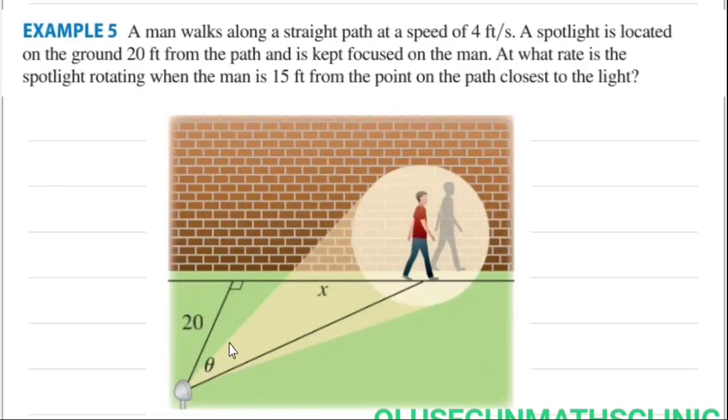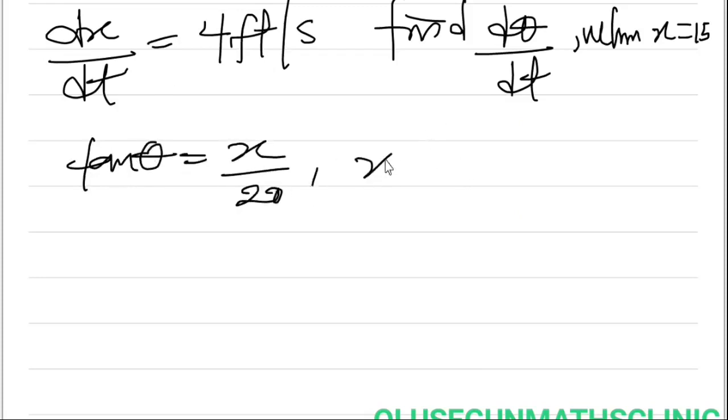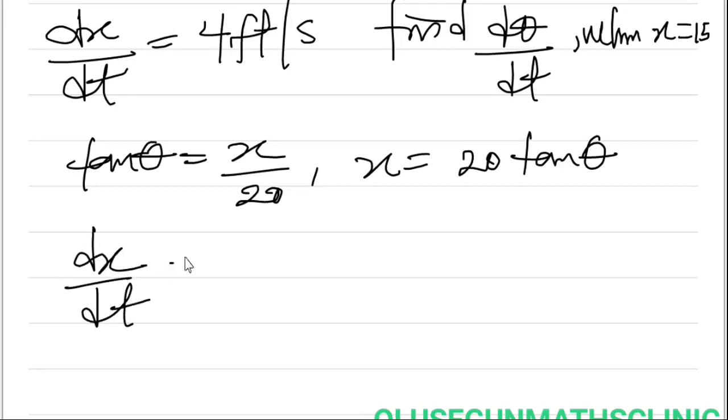So tan θ is opposite over adjacent, making x equal to 20 tan θ. By differentiating with implicit differentiation, we have dx/dt is equal to 20.